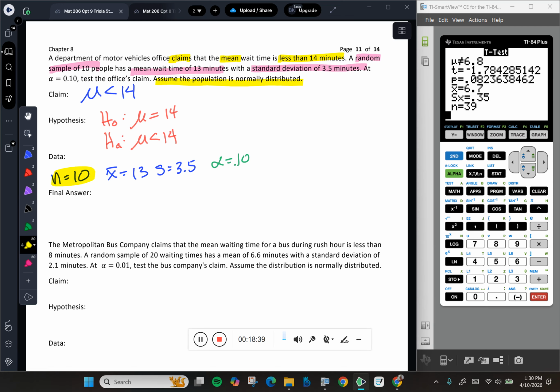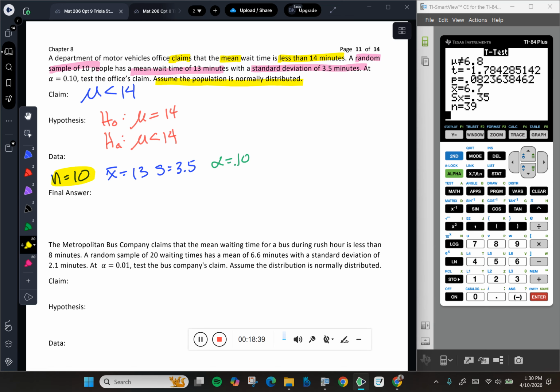So I'm testing a claim about a mean. I have sample statistics, so I'm going to use my t-test again. Stat, test, t-test. I have my statistics. The statement of equality from the null hypothesis puts my mu sub 0 at 14. The sample mean x bar is 13.